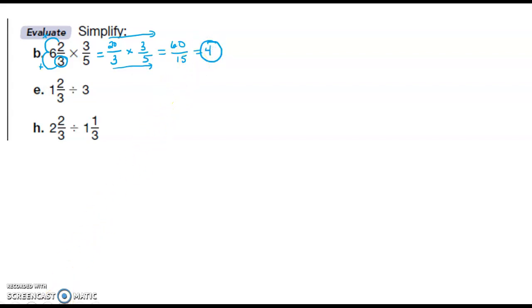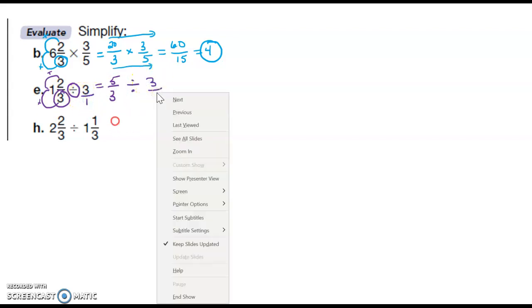Okay, let me go ahead and change my colors here. Here I have a division sign, but before I can divide, I'm going to have to make this into an improper fraction. So let's go ahead and popcorn this. I have 3 times 1 is 3, plus 1 is 4, so I have 4 over 3 divided by 3, and I'm going to put this over 1 just so it's a little bit easier.